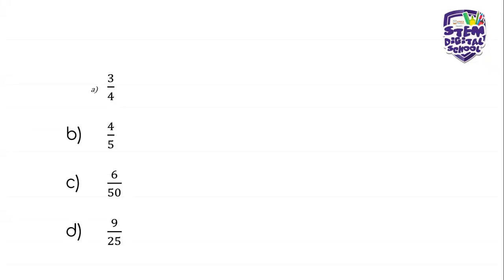And 4 over 5, 5 can go into 100 without a remainder. And then 50 can also go into 100 without a remainder. What about 25? Even 25 can go into 100 without a remainder. That is why you can convert such fractions without using a calculator.